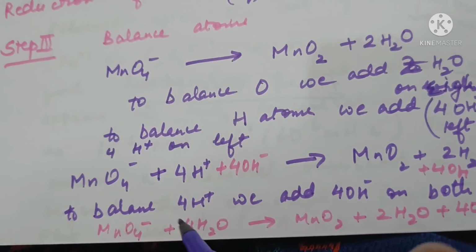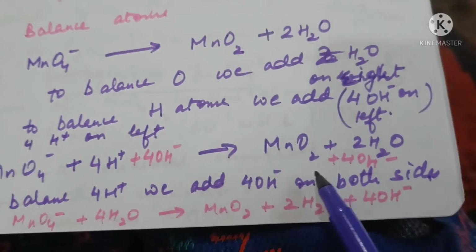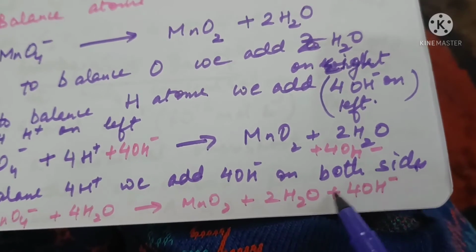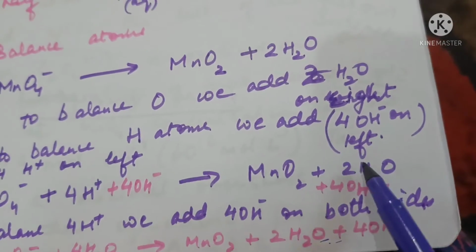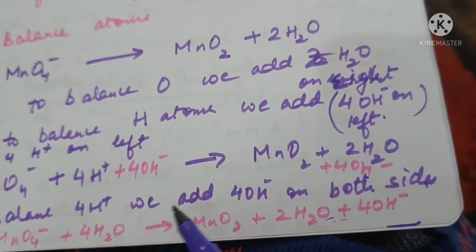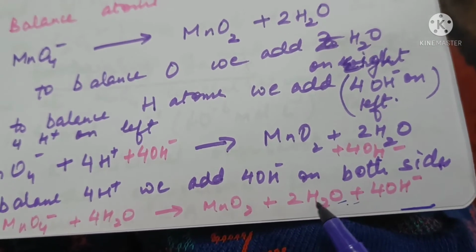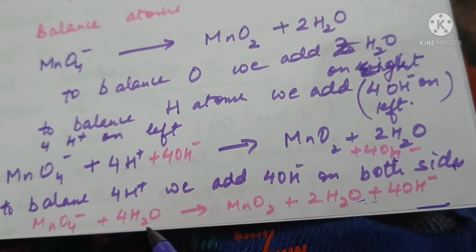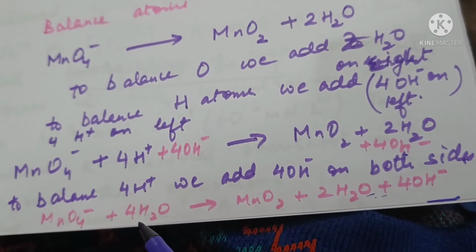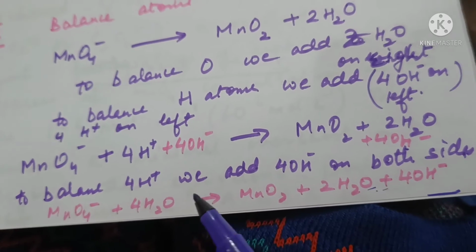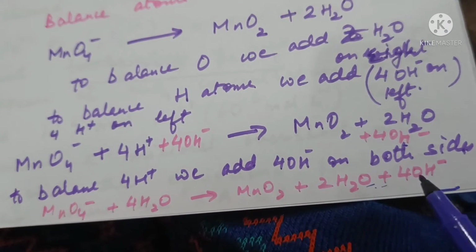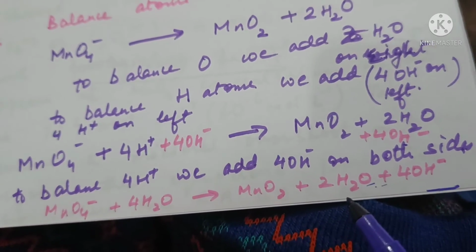So what we get is MnO4 negative plus 4 water will form MnO2, and we already have 2 water and we have added 4 OH negative. So 4 water and 2 water. On subtracting, we get 2 water here. So our equation is MnO4 negative plus 2 water will form MnO2 plus 4 OH negative.